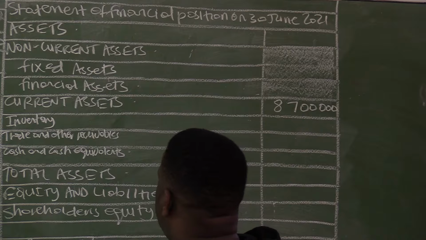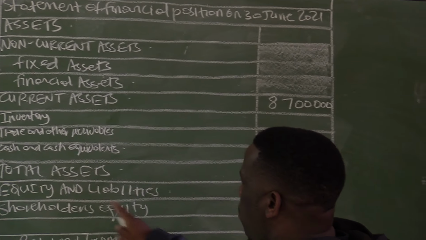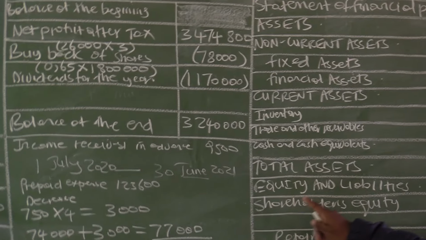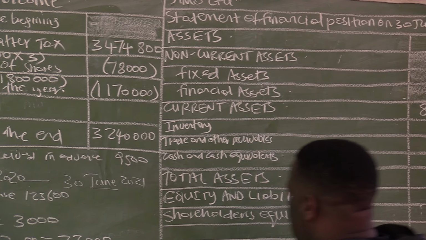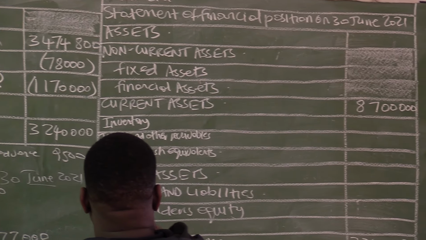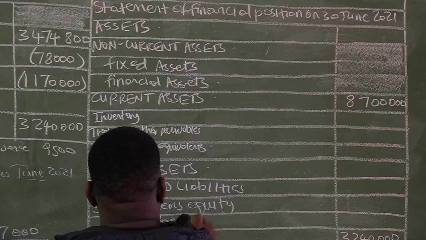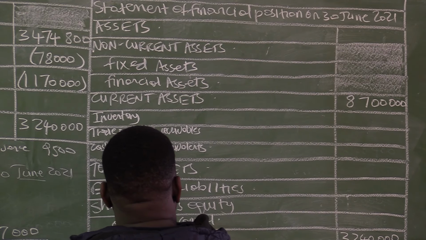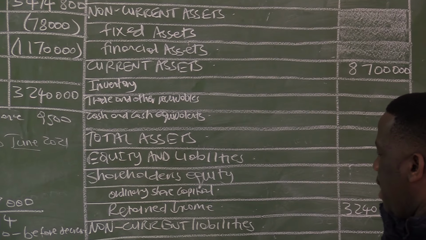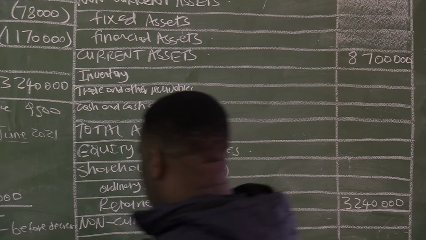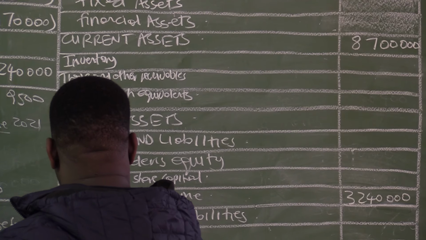Under total assets, you have equity and liabilities. The first thing in the equity and liabilities section is your shareholders' equity, which is made up of two things: your ordinary share capital plus your retained income. And then your non-current liabilities: it's only one item here, which is the mortgage loan.